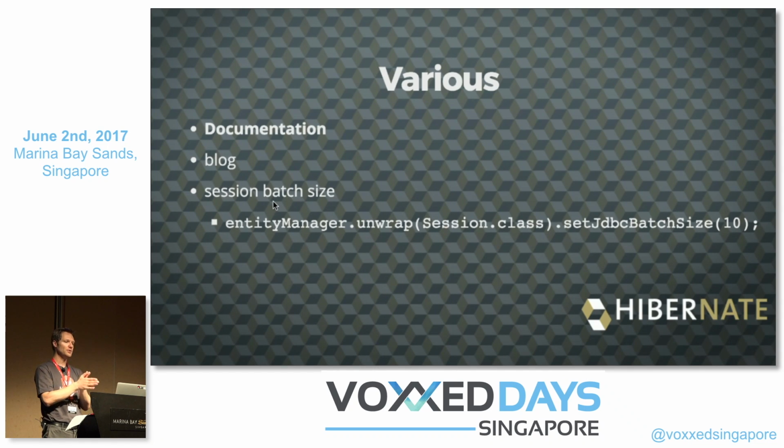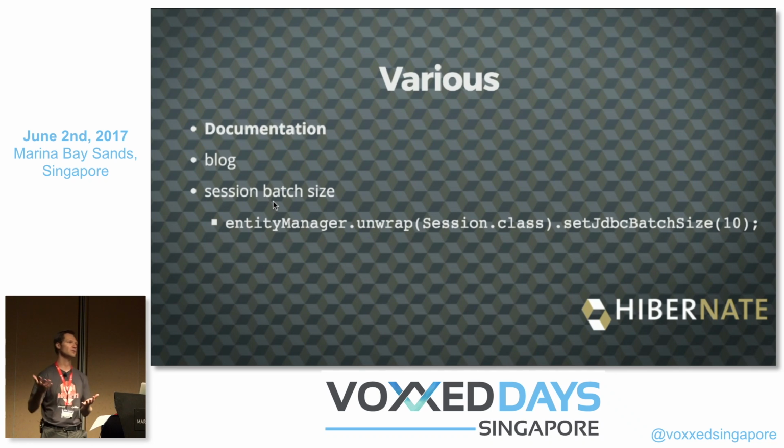That up until very recently has been a session factory level setting. But what happens is that some use cases in your application are very batch oriented, and some other use cases are very just OLTP oriented.